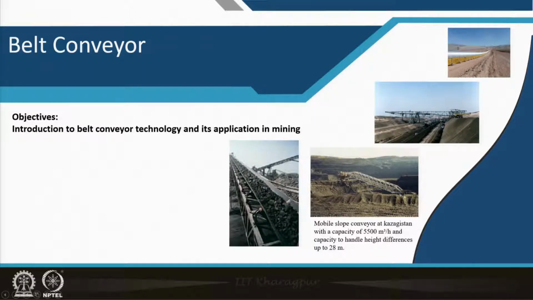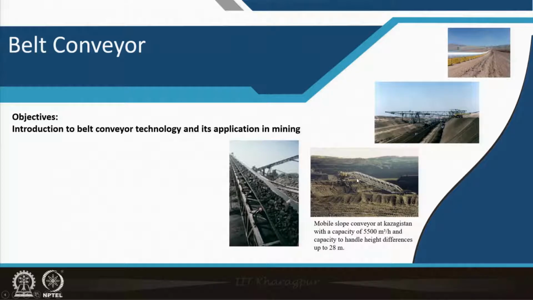It is a mobile system. You can see the lattice structure supported on 2 transporting ends, and it can move along this bench. They are capable of moving, and on that the material goes from the lower point to the higher point. That is the way transportation can be carried out.